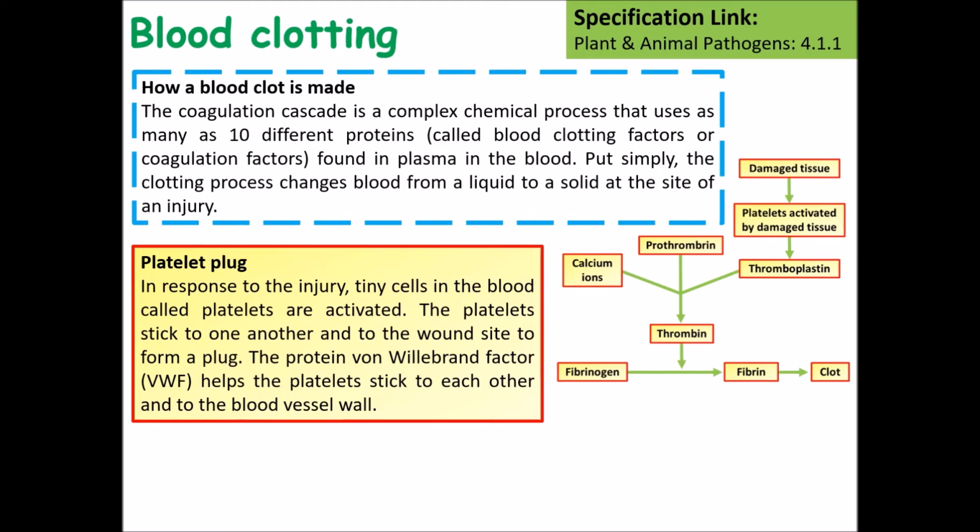Next, a platelet plug needs to form. In response to the injury, tiny cells in the blood called platelets are activated. These platelets stick to one another and to the wound site to form a plug.